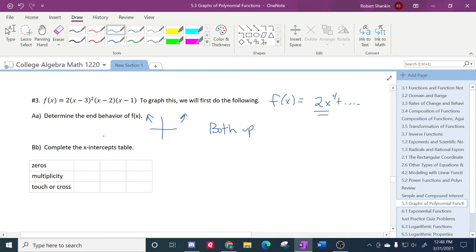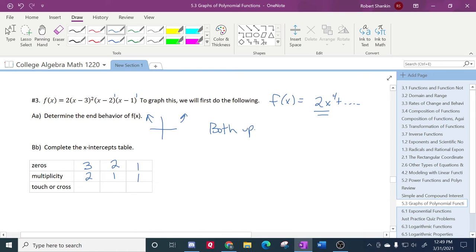Now we're going to complete the x-intercepts table. The zeros, if it's factored, the zeros just jump out at you. 3 causes this function to be 0. 2 also does, and 1. The multiplicity of this one was 2, and these had exponents of 1, so their multiplicity is 1.